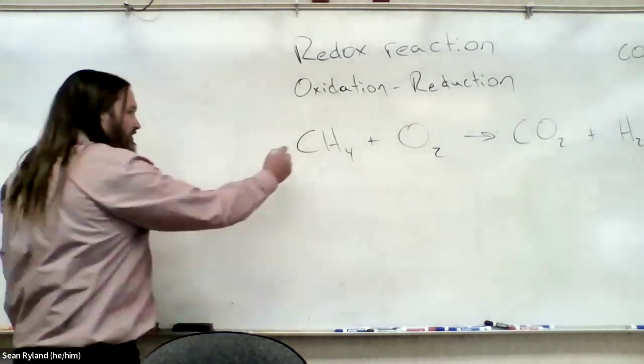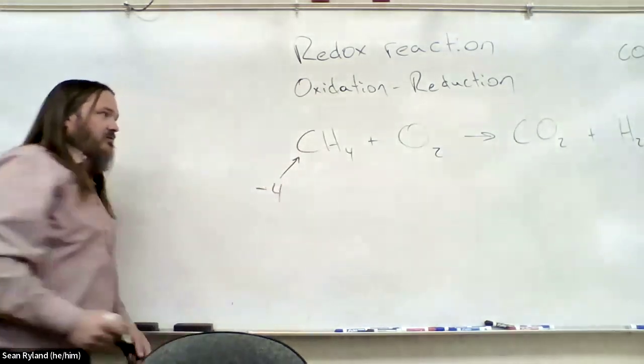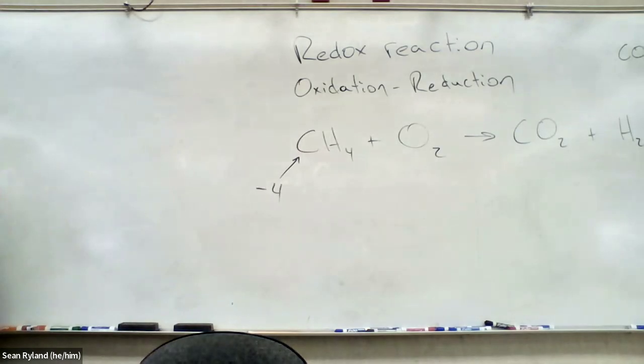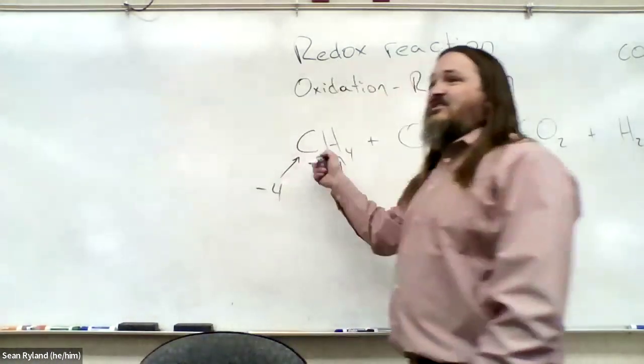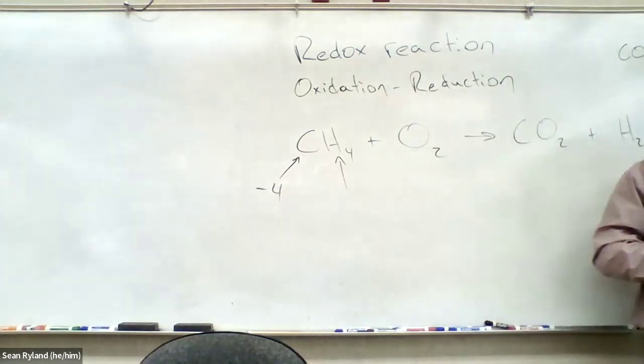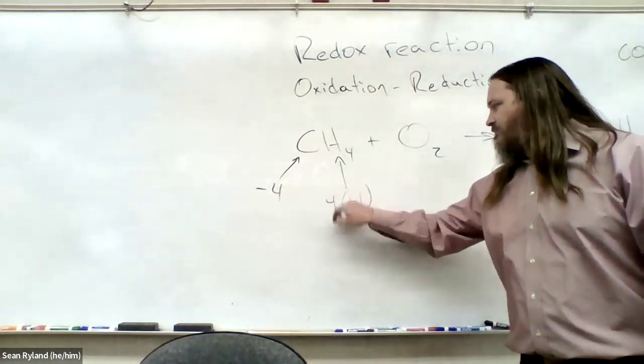So if the carbon had first dibs on the electrons, we treat it like it's a -4 in this case, which would make the hydrogens what? Positive. They have to add up to 0, right? Each of the hydrogens is going to be +1, and there's 4 of them.